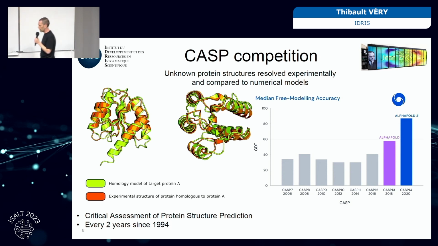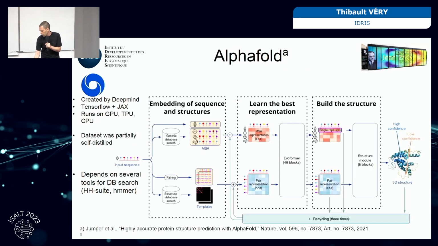So we are getting very, very close to experimental methods with AlphaFold 2. That's good news. Maybe you have seen in the news that protein structure discovery has been solved. In reality, it's helping a lot, but it's not completely solved. There is a lot of work to do. Okay, so just.